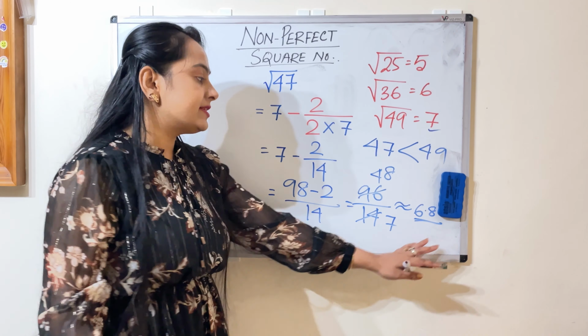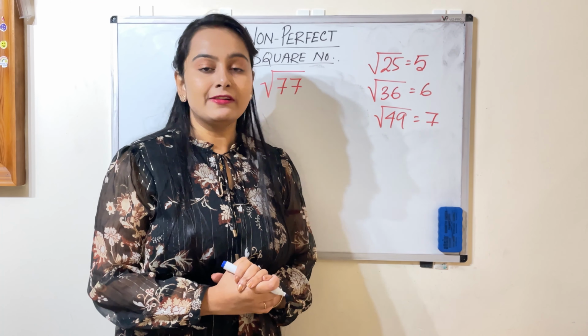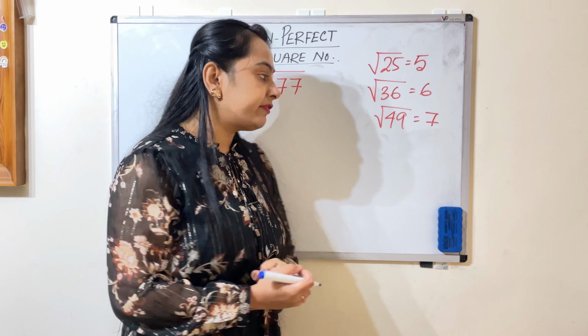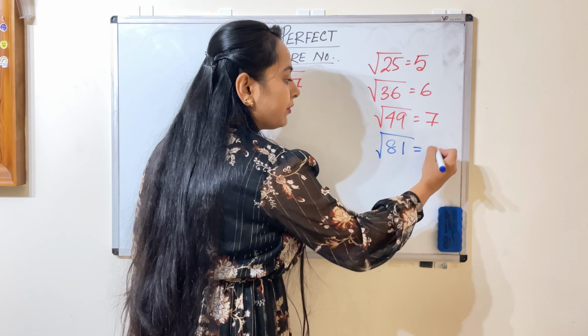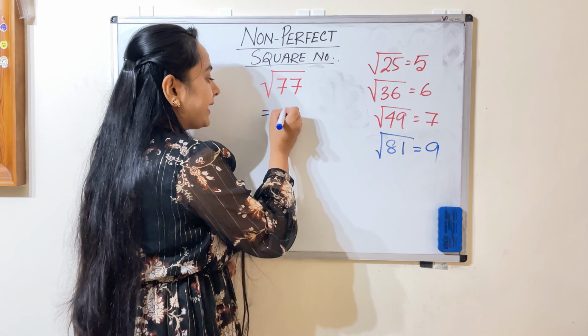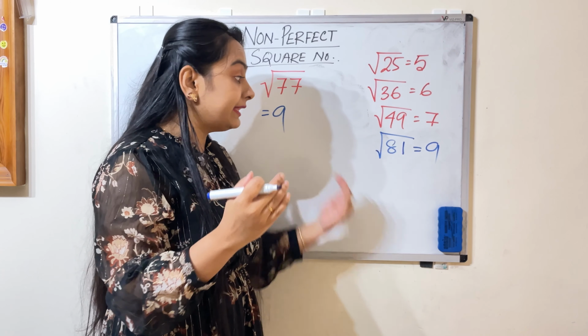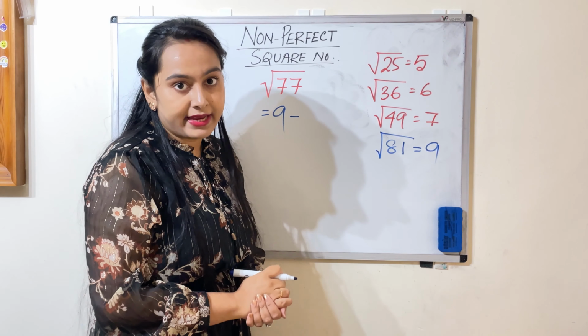That is the answer. Our third example: how we can find the square root of 77, right? For 77, the nearest perfect square number is 81, and the square root of it is 9. So we have to write that number first. Now 77 is smaller than 81, so we always use the minus sign with it.